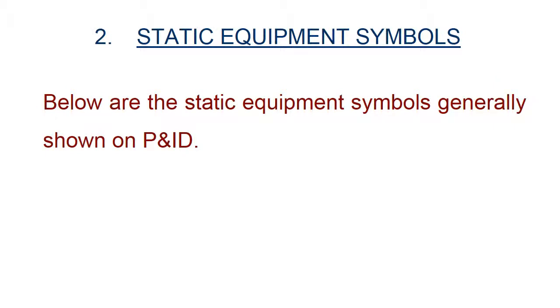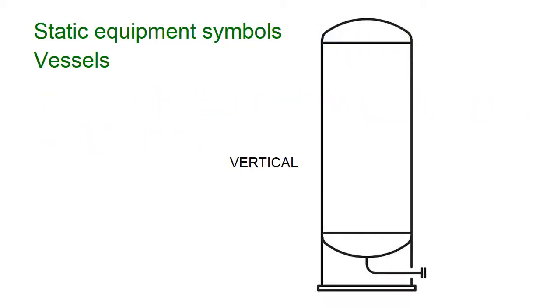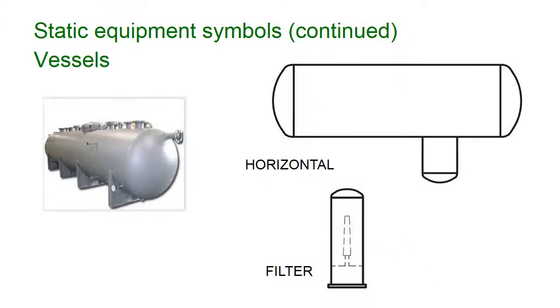Below are the static equipment symbols generally shown on P&ID. Vertical. Horizontal. Filter.